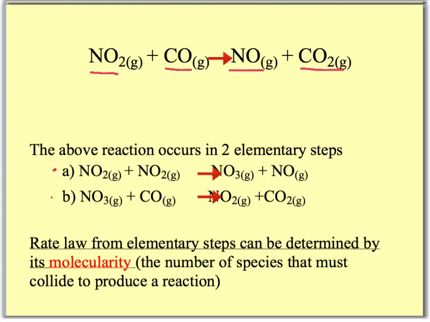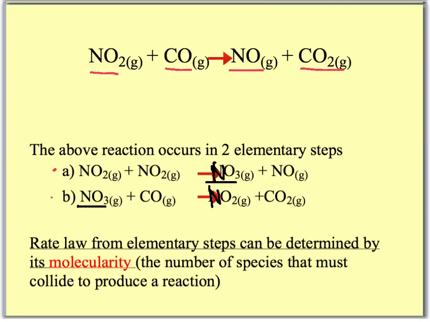It's hard to see because the arrow is covering it up, so let me draw the NO3 plus NO. Now this NO is going to be used in the second elementary reaction as a reactant with carbon monoxide to form nitrogen dioxide and carbon dioxide.